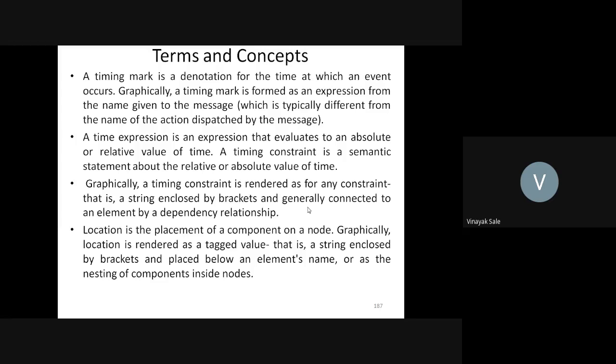Graphically, a timing constraint is rendered as for any constraint, that is, a string enclosed by brackets and generally connected to an element by a dependency relationship. Location is the placement of components on nodes. Graphically, location is rendered as a tagged value, that is, a string enclosed by brackets and placed below the element's name, or as a nesting of components inside the nodes.